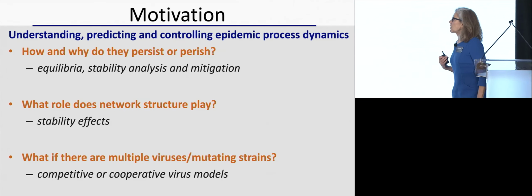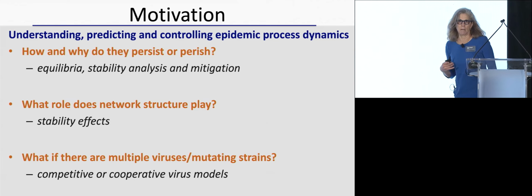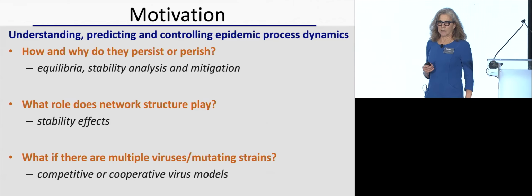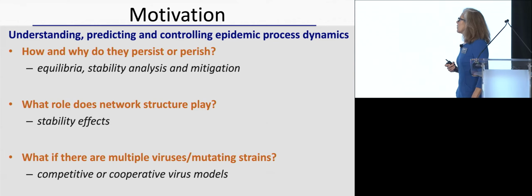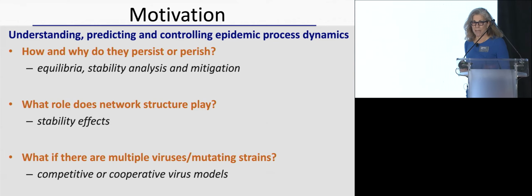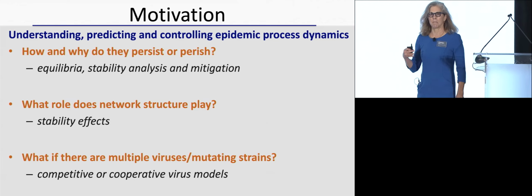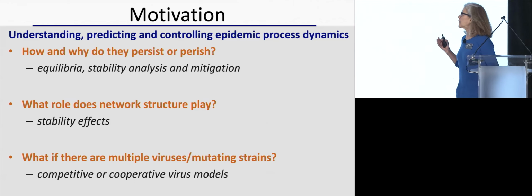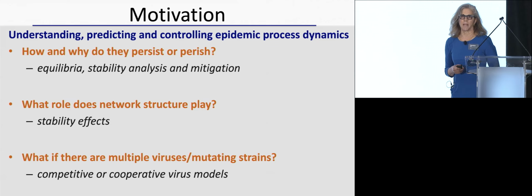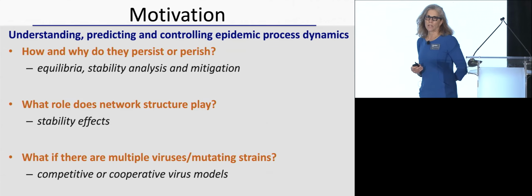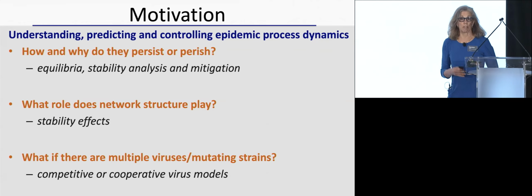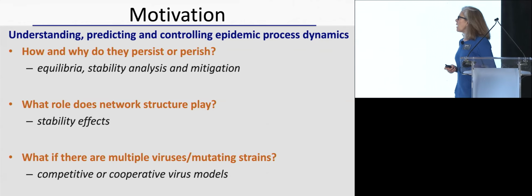So what we've been focused on is really trying to understand the dynamic evolution of disease processes. And we want to do this so that we can better predict and then better control the outcomes. So we're looking at these from a dynamical systems analysis perspective: what are the equilibria for the model, and what conditions do we need for convergence to these equilibria.